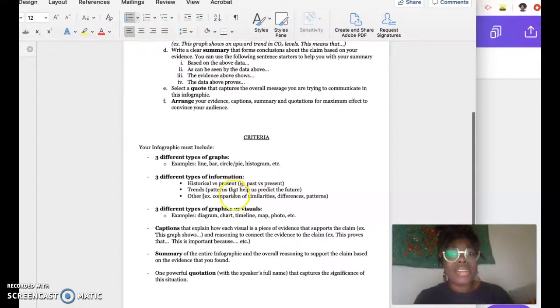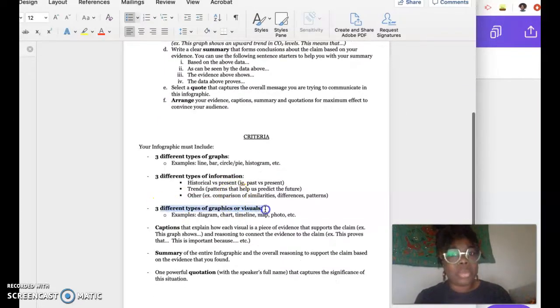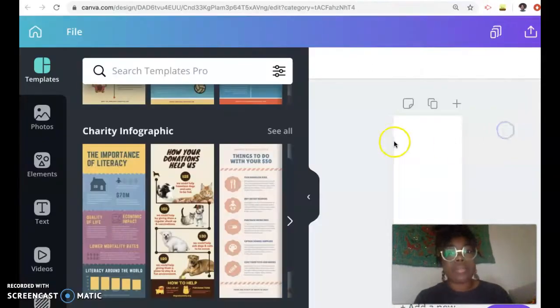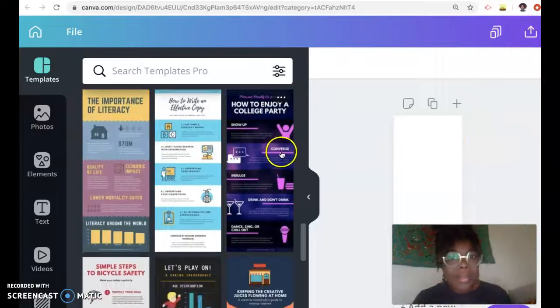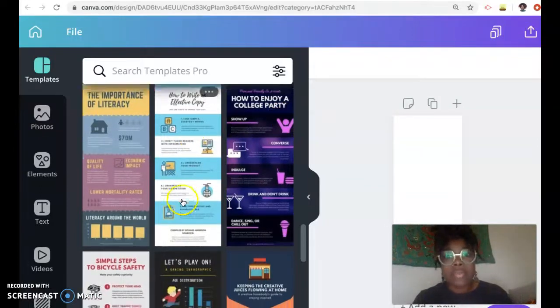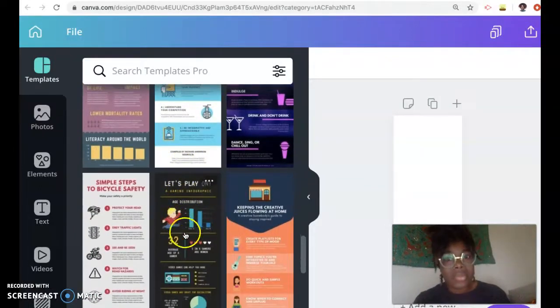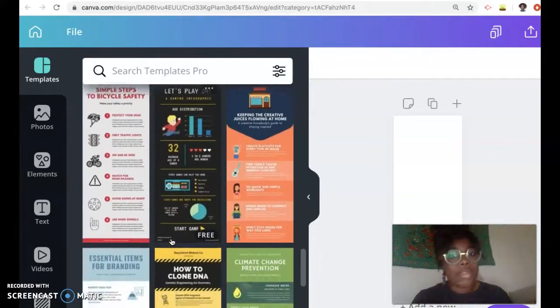In addition to your graphs, please add some sort of visuals, so some pictures, or as you can see, everything in an infographic isn't just graphs. You also want to have some animation, something creative going on that further illustrates your point. So don't just be random and arbitrarily put something on your infographic.